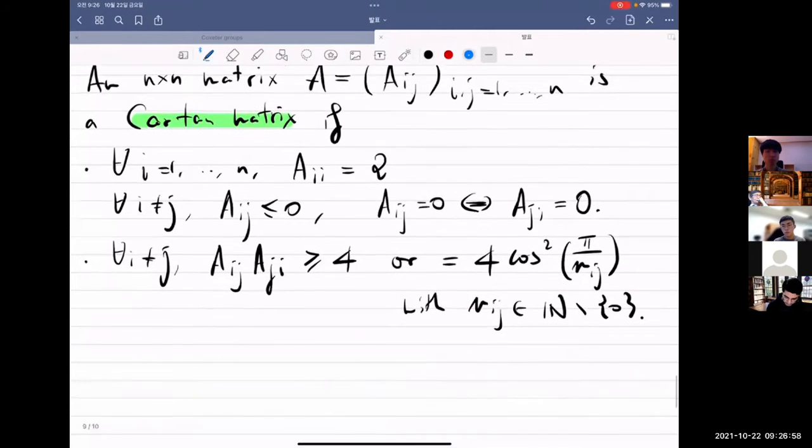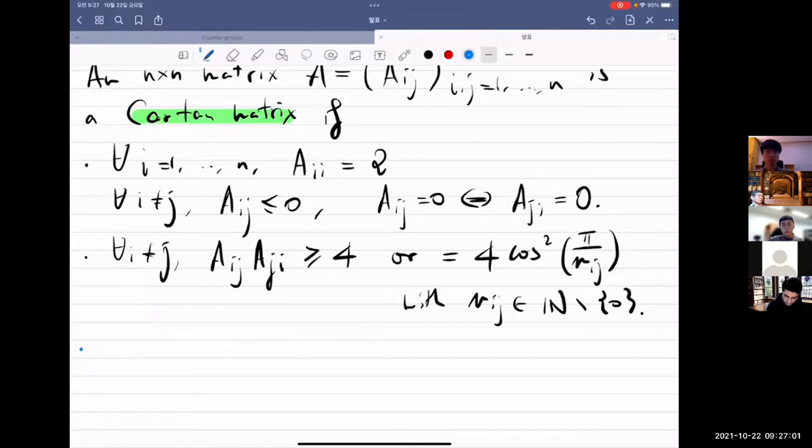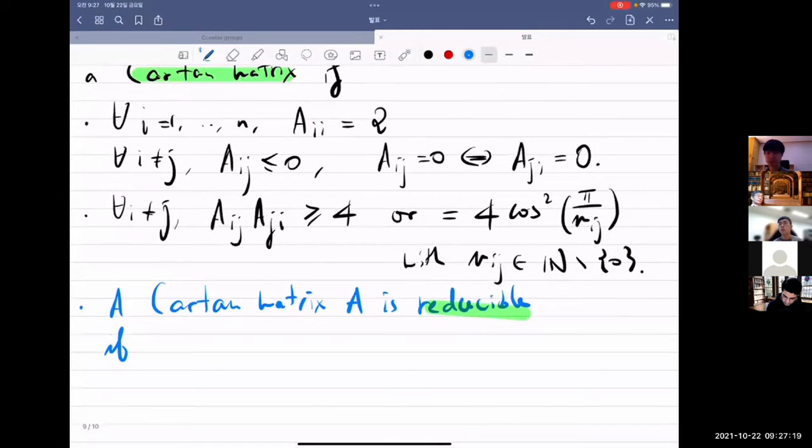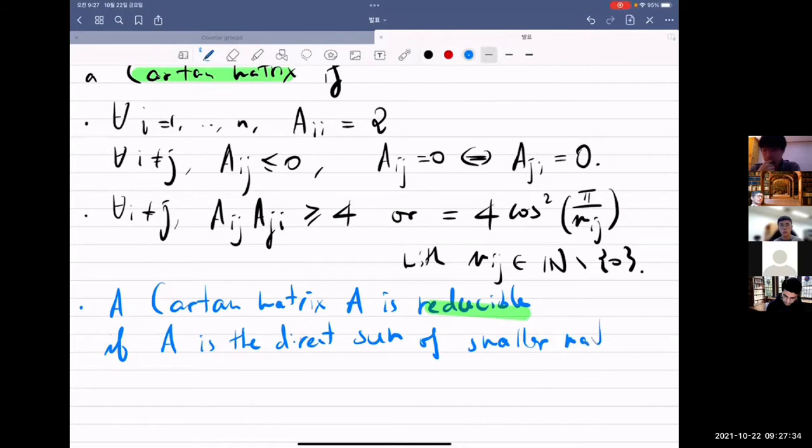Okay. And then the Cartan matrix is reducible if A is the direct sum of smaller matrices after simultaneous permutations on rows and columns.